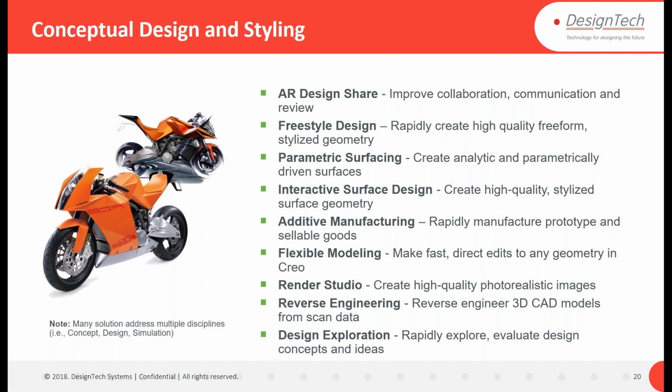You start with any primitive shape, push and pull, divide it into cages, and use the points to drag it into the required shape, right? You can also use parametric surfacing, where you create sketches, and based on those sketches you can create analytical and parametric surfaces.